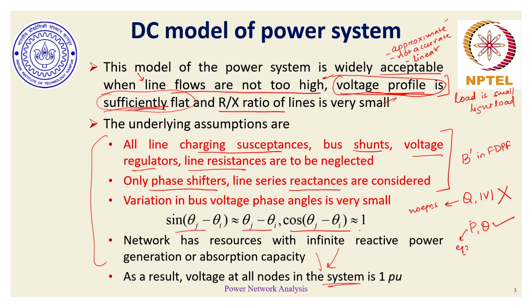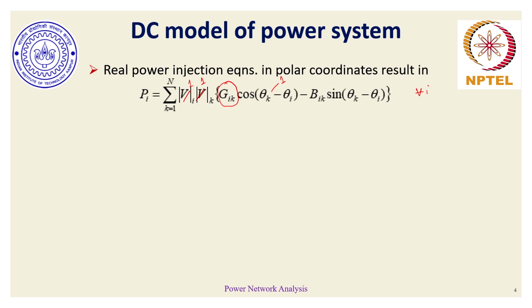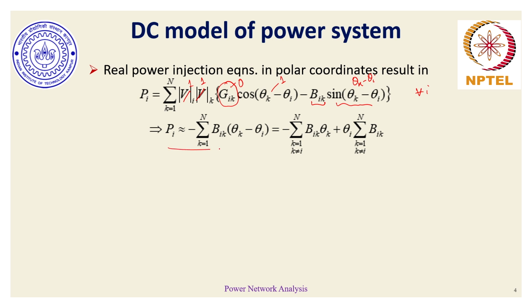Because all line resistances are neglected, certain susceptances are neglected, voltage regulators are neglected. If resistances are neglected, where would we get the real component in Y bus with respect to conductance? G would also be 0, so this is equal to 0. So essentially we are left only with minus Bik, and this sine term is approximately theta k minus theta i, which is where this term comes in.